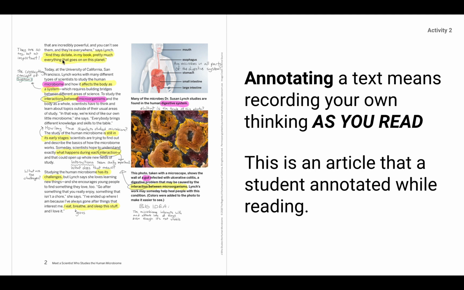As you're reading, if you read something and you're like, oh, okay, that makes sense, and you highlight it, or you think, okay, this is an important piece of the paragraph, this is a main idea, or this is an example, I want you just to write yourself a quick note off to the side as to why you highlighted it. We talked about systems, and so here's an example of a system.